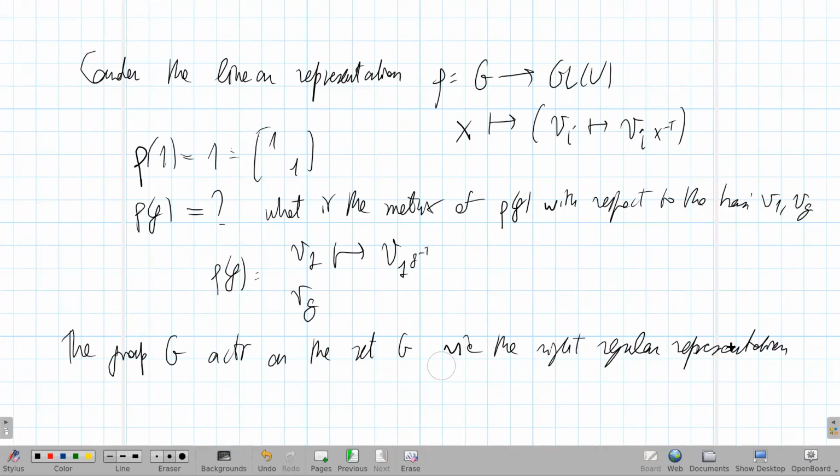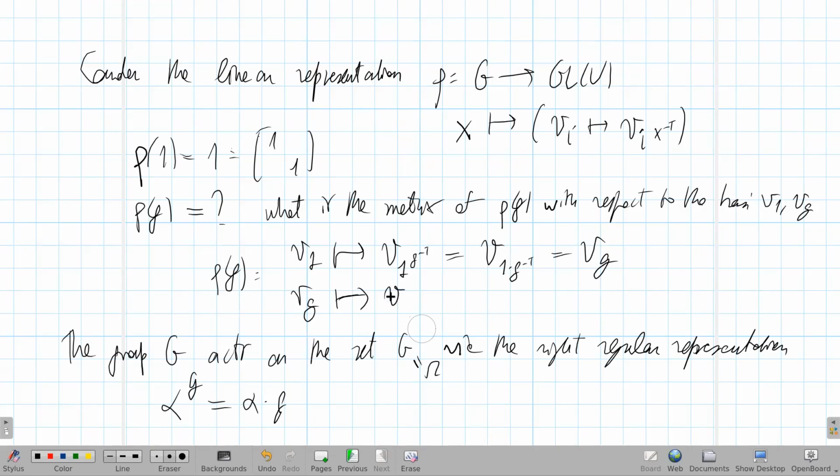What I'm writing next is sometimes a source of confusion. Alpha to the g is a generic symbol for an action. In this particular case, when omega is G itself, this is just the product inside G. So this is 1 times g inverse. Well, g has order 2, so this is just Vg, okay?